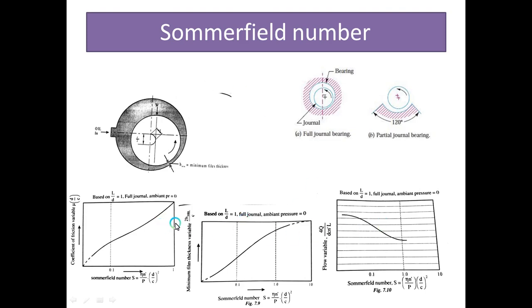By using the graph, you can directly calculate the coefficient of friction, the minimum oil film thickness H minimum, which should be maintained in the journal bearing, and also the flow rate in the journal bearing, in the sense of how much oil should be supplied.